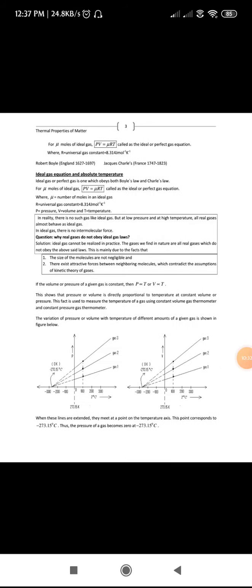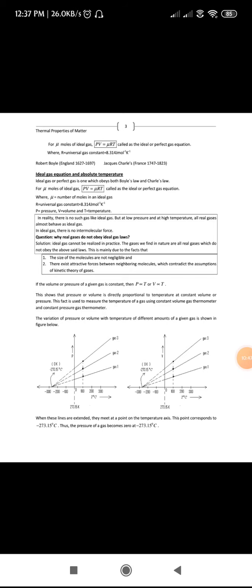Some of you were asking doubts regarding this Kelvin scale, right? So let me brief it once again. As you know, the pressure or volume of a gas is directly proportional to temperature.